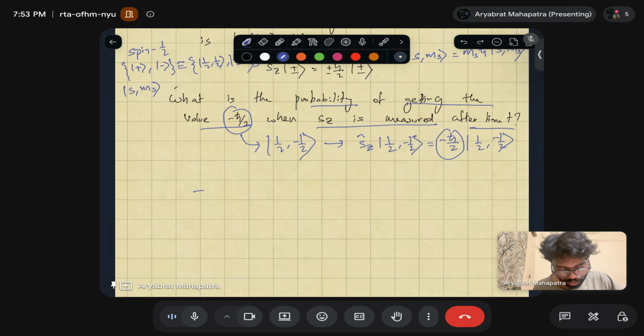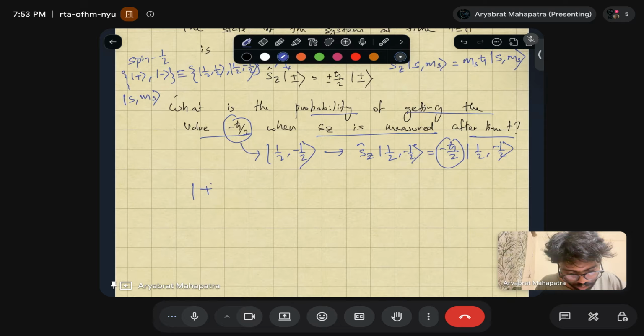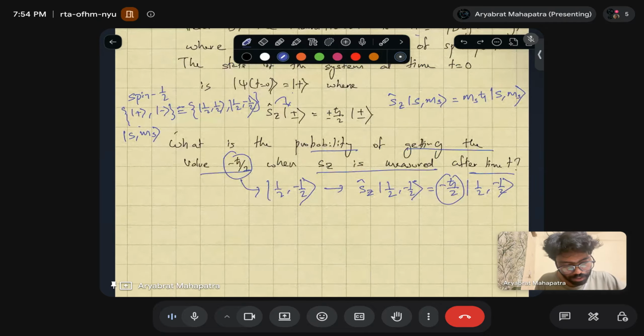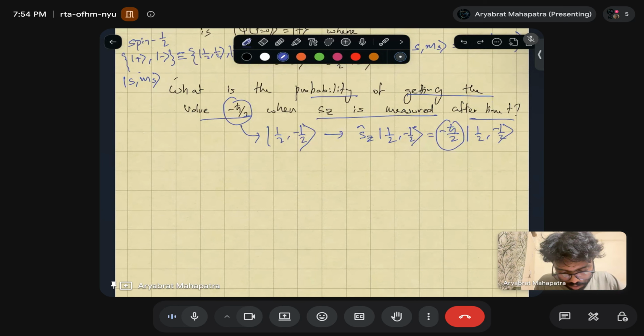Suppose the Hamiltonian given in the question is this. I have already written it here. The plus state means half, half, minus state means half, minus half. The Hamiltonian is given as minus omega Sy, where Sy is your spin operator. Let me tell you the spin operators in the spin half representation.